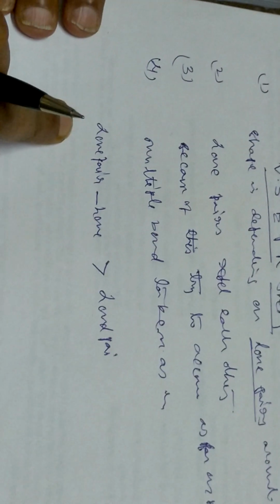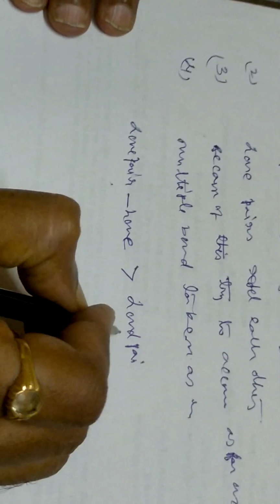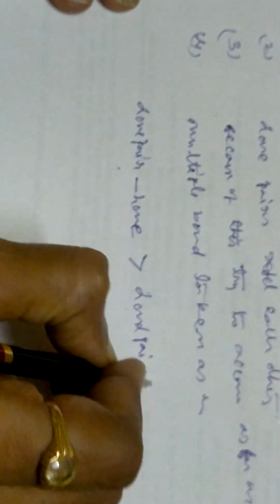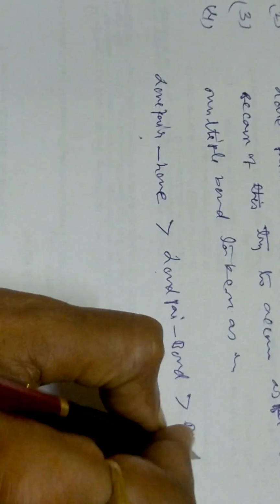There can be homonuclear and heteronuclear cases. So these combinations: lone pair–lone pair repulsions are more than lone pair–bond pair, which is more than bond pair–bond pair.